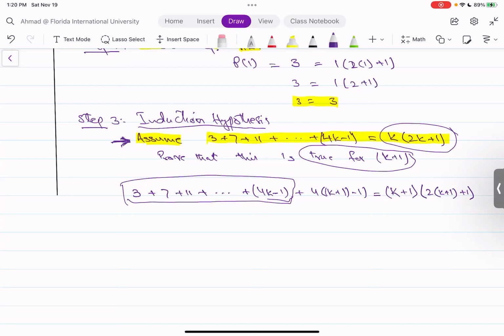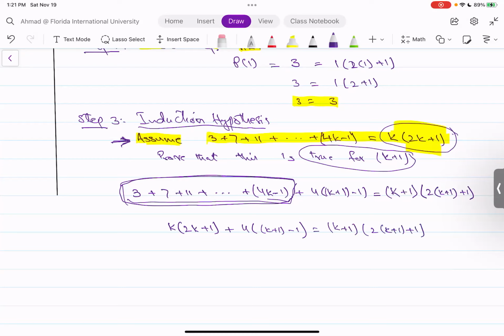So for this whole sum, I have substituted its value, which is this one. Now the rest of the term is 4 into k plus 1 minus 1, which is equal to k plus 1 into 2 times k plus 1 plus 1.